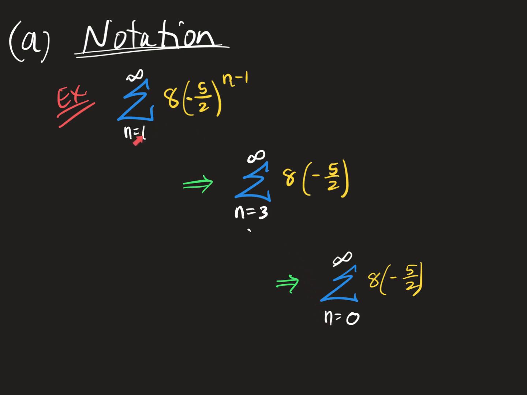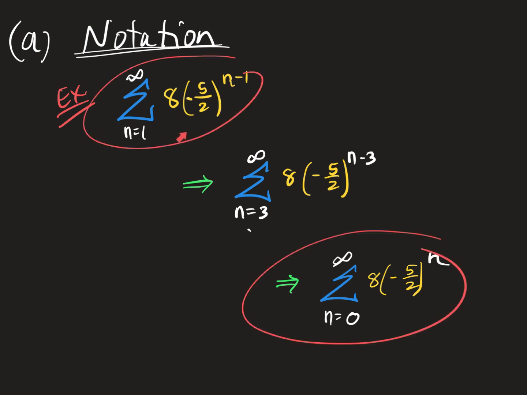When the index goes up by 2, then in the expression, that variable has to go down by 2. N minus 1 becomes n minus 3. Similarly, if the index goes down by 3, then in the expression, it has to go up by 3.